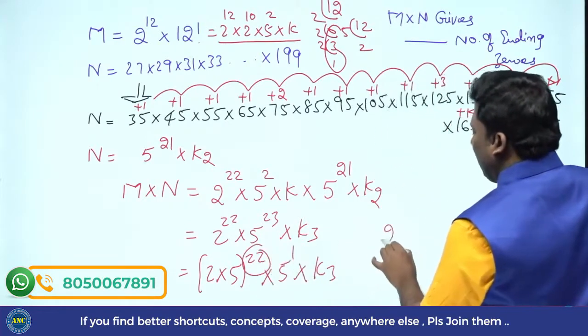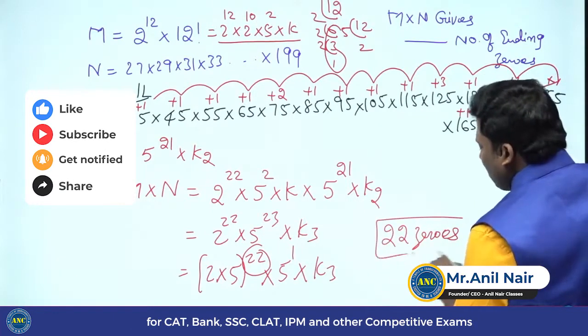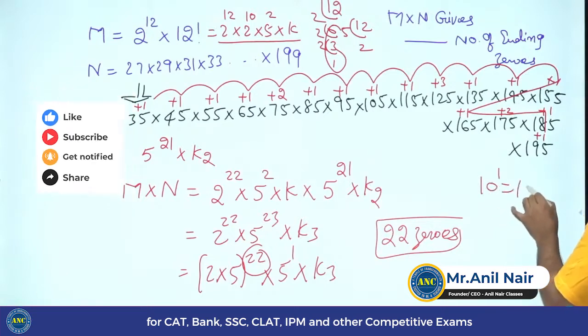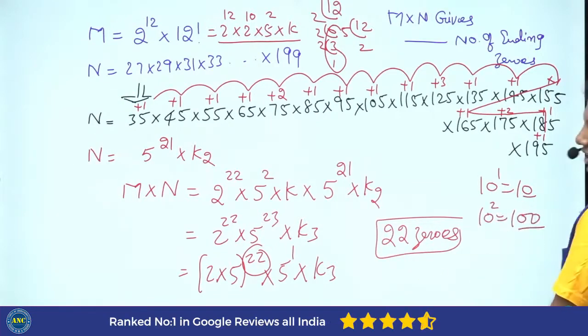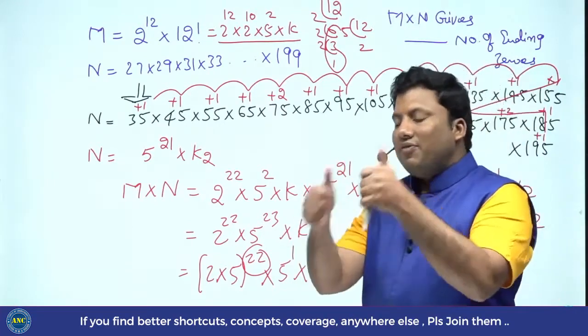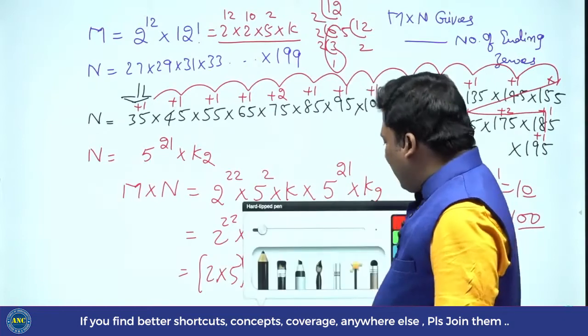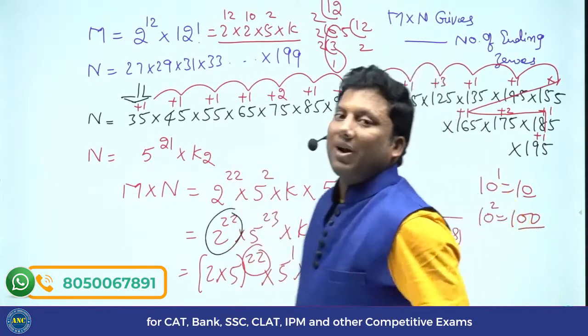How many zeros did it get? 10 power 1 has 1 zero, 10 power 2 has 2 zeros, 10 power 3 has 3 zeros, so 10 power 22 has 22 zeros. From where did you get 22? You got 22 from the lowest power of 2.